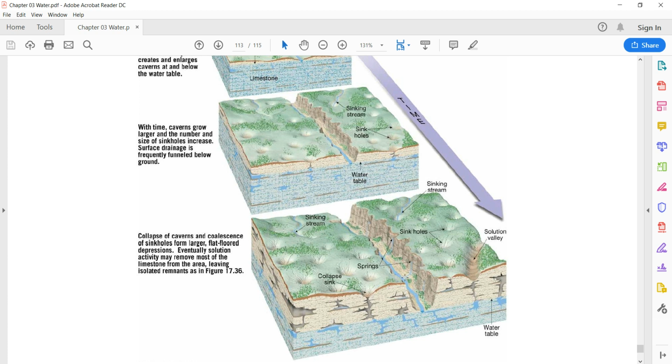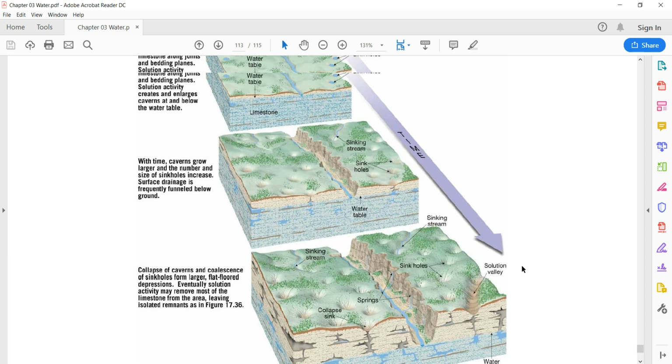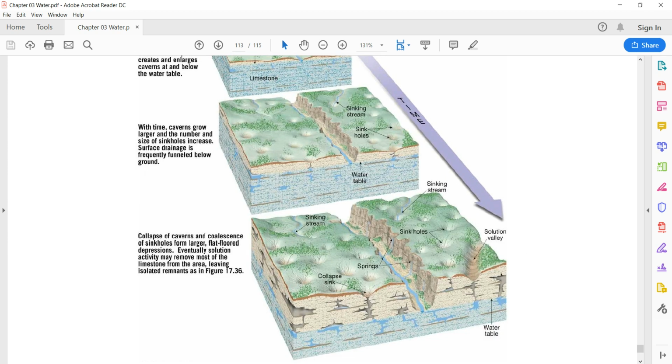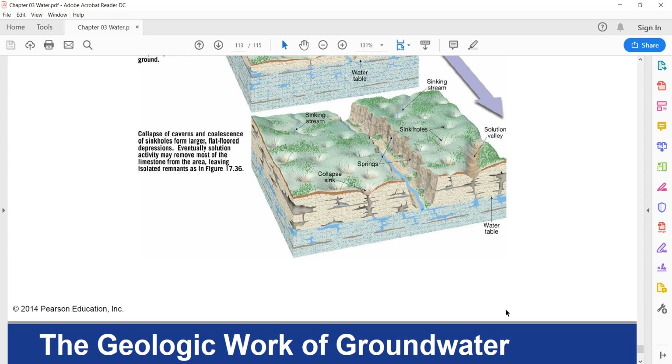Due to the deepening of this channel, you can see the spring will start to emerge, and some sinkholes or collapsing sinkholes will start forming, and sinking streams as the water goes into the ground, absorbed by the groundwater. So these are the different geological landscapes that will form on the surface, and eventually it will meet with the groundwater surface.